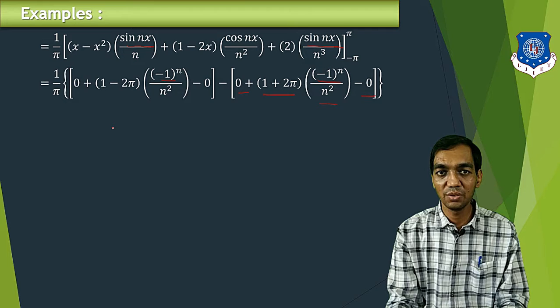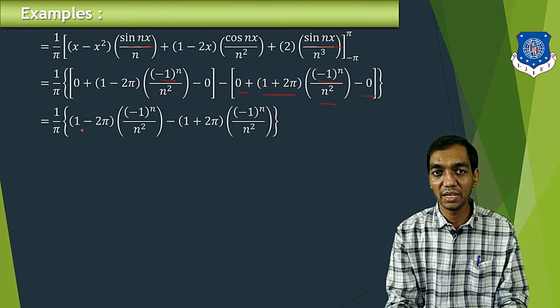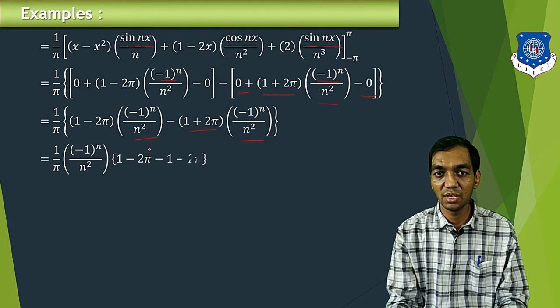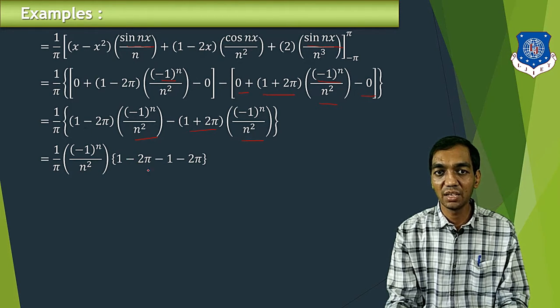If you simplify, you will have 1 upon pi into the bracket 1 minus 2 pi into minus 1 raised to n upon n square, minus 1 plus 2 pi into minus 1 raised to n upon n square. Minus 1 raised to n upon n square is common out, and you will have 1 upon pi into minus 1 raised to n upon n square into the bracket 1 minus 2 pi minus 1 minus 2 pi.